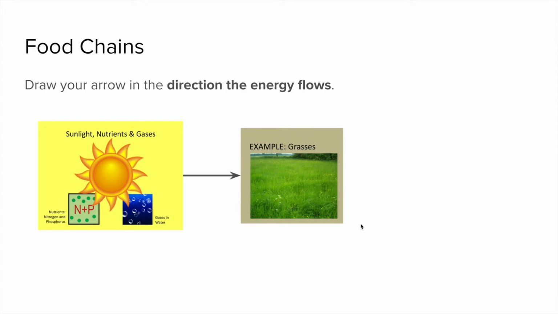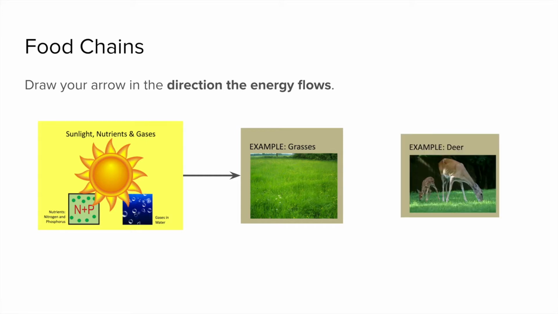Next, what are some things that might eat grass? The example we have here is the deer. And we are going to explore which direction the energy flows. If the deer is eating the grass, which direction is our arrow going to point? From the grass to the deer or from the deer to the grass?